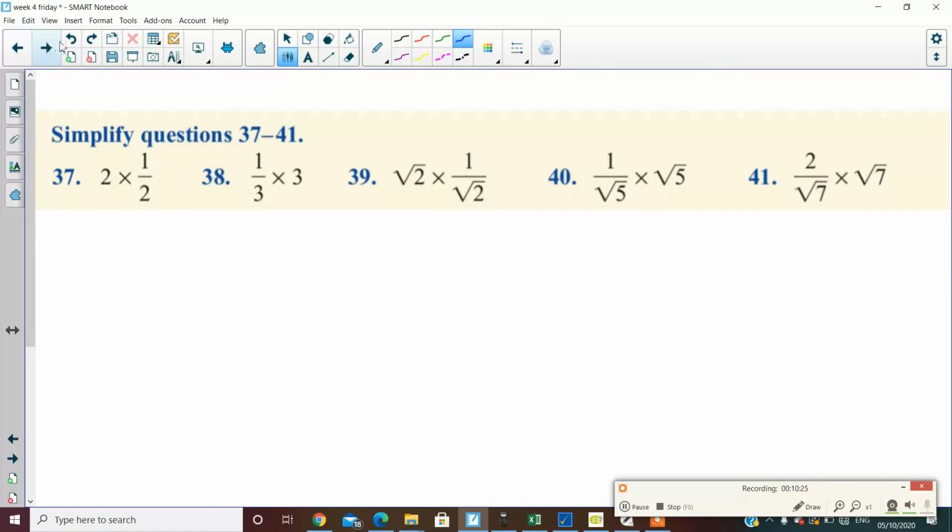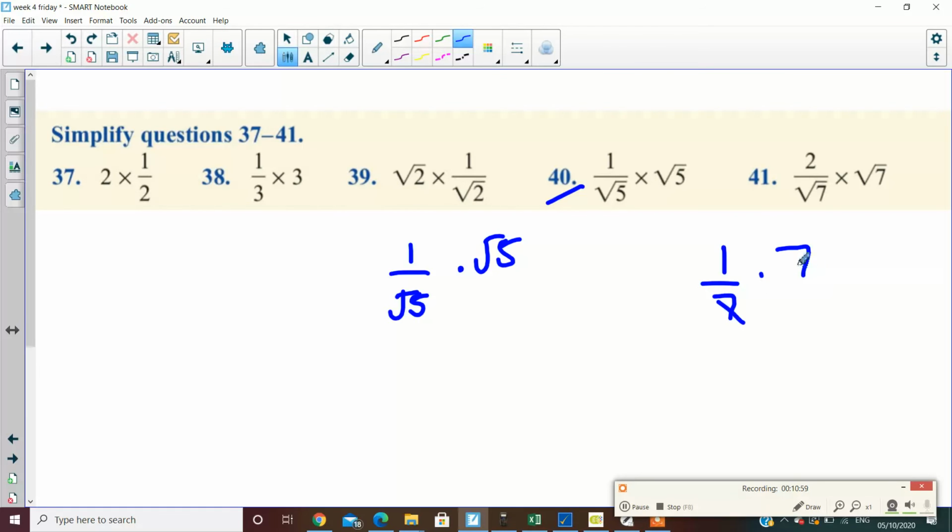Let's try question 40, please. All right, now we have to do 40. One over root 5 multiplied by root 5. Could anybody tell me what's 1 over 7 multiplied by 7? 1.